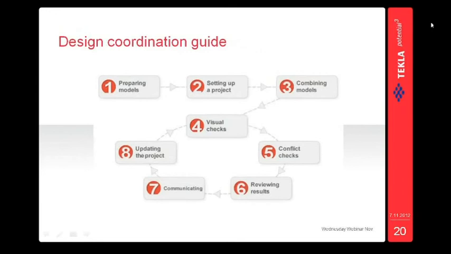So how to set up a project, combine your models, check for clashes, and then communicate the results to the project team. And as you can see, the steps from 4 to 8 form a circle, so that goes on and on until the issue is solved.